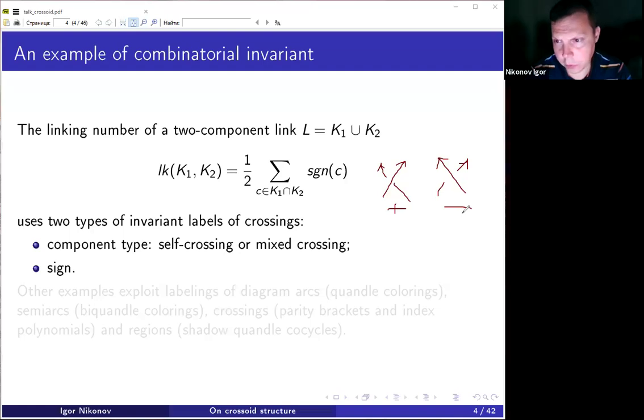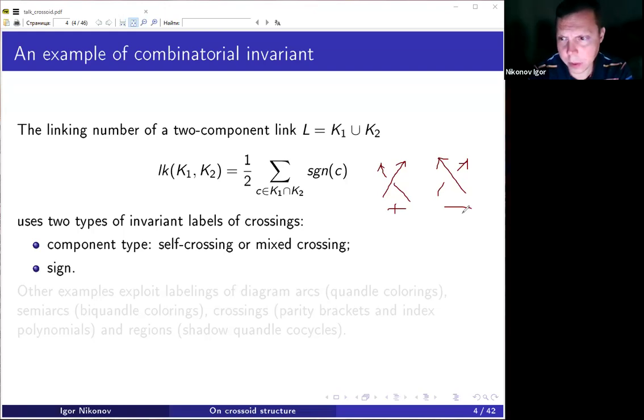And if you look at the formula, you see that the construction uses two types of invariant labels of crossings. The first one is the sign of the crossing. If we apply a Reidemeister move to a diagram, and if this move keeps the crossing, if the crossing survives after the move, then its sign will be the same. So this is an invariant label.